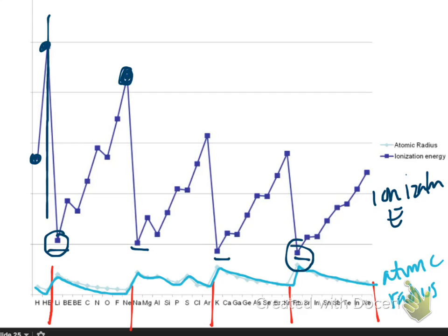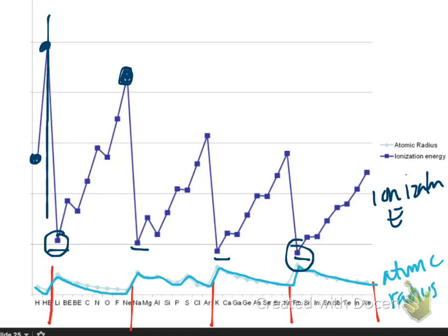So that's going down a period. So ionization energy does what as you go down a period? Decreases. Ionization energy decreases as you go down a period. It takes less energy to strip an electron as you go down a period.